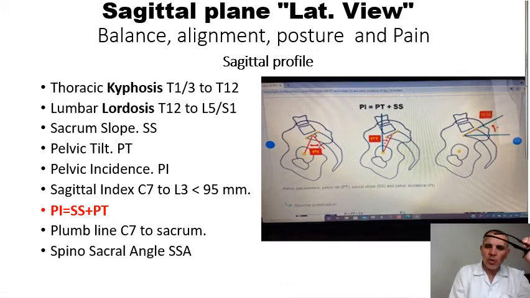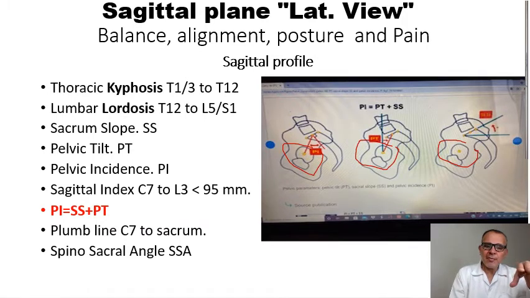You want to make sure, when you order the X-ray for any scoliotic patient, that the radiology specialist obtains the femoral head. The femoral head has to be in the view, and the reason is that all our sagittal parameters are connected directly to the femoral head.